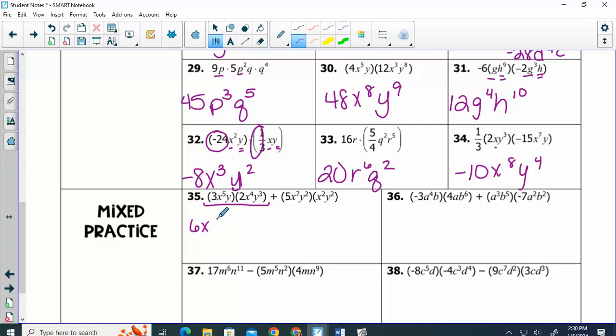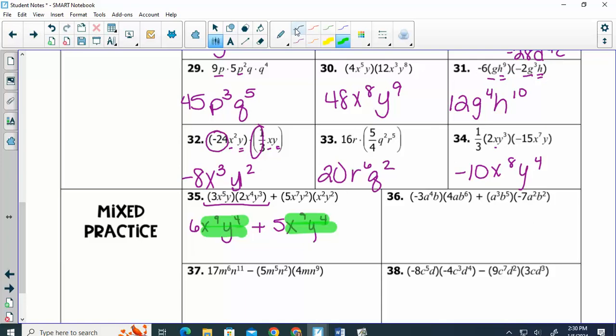6x to the 9th, y to the 4th, plus 5x to the 9th, y to the 4th. Didn't we notice they both have x to the 9th, y to the 4th?